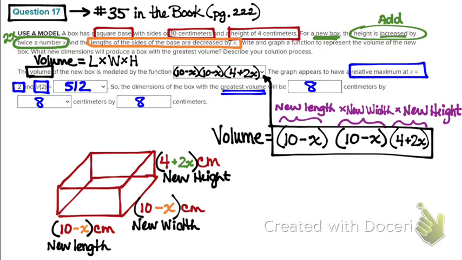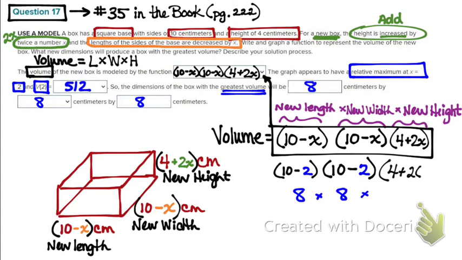Because again, we did 10 minus 2. That's how we got one of the 8s. Times 10 minus 2. That's how we got the other 8. Times 4 plus 2 times 2.